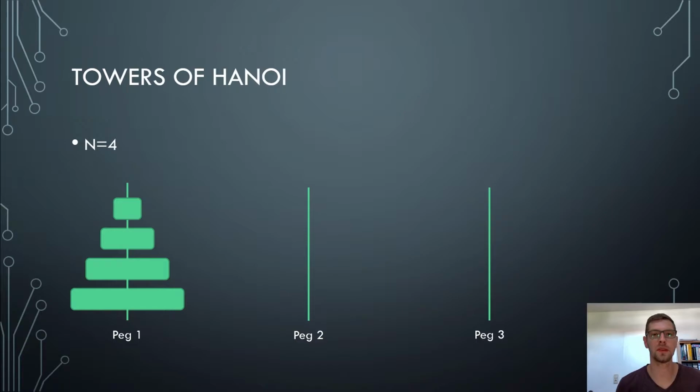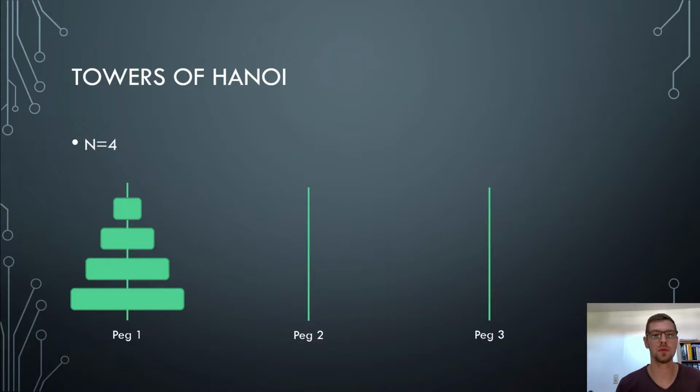Here we have our 3 pegs, which are represented by these lines, and we have our 4 disks, everything sorted initially at our peg 1. So how do we get all the disks to our last peg?